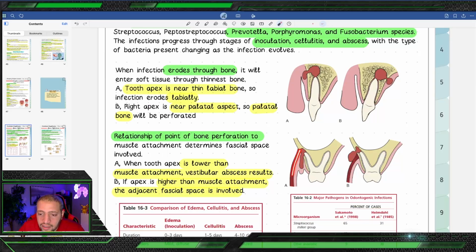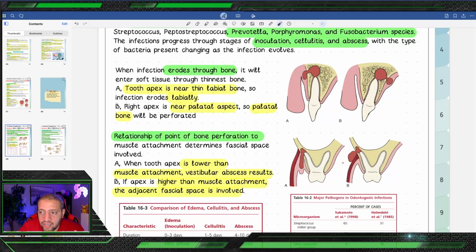This is like the buccinator muscle. If the erosion happens below the muscle attachment, it will end up with vestibular swelling. And if the infection erodes above the attachment of the muscle, it will end up with buccal space swelling.